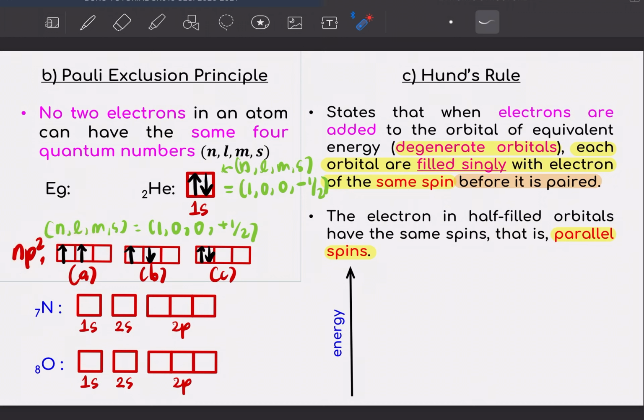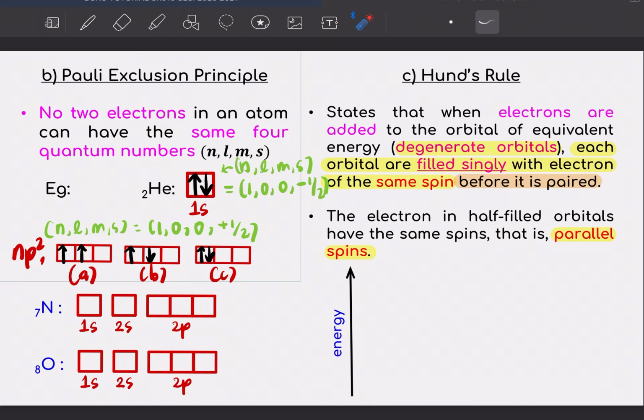Oh, this one is actually not just the Pauli exclusion principle, also Hund's rule. So it will be A, because you want to obey both these rules. This one is wrong because you have to obey Hund's rule. This one is wrong because you are not obeying Hund's rule as well.